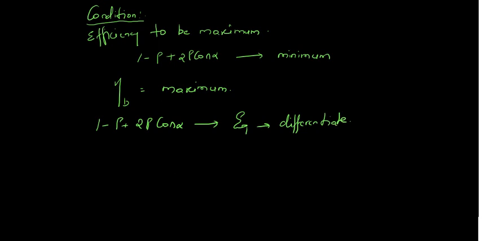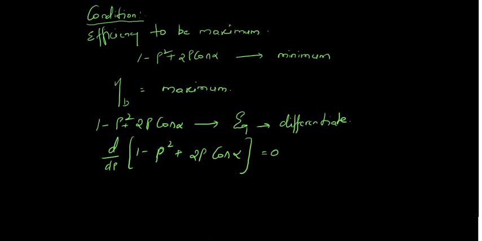Then I can say d by d rho of, sorry, here it is rho square, 1 minus rho square plus 2 rho cos alpha. Right, ma'am? Yes. If I differentiate it, it has to be equal to 0.